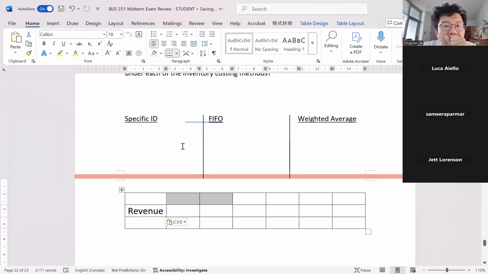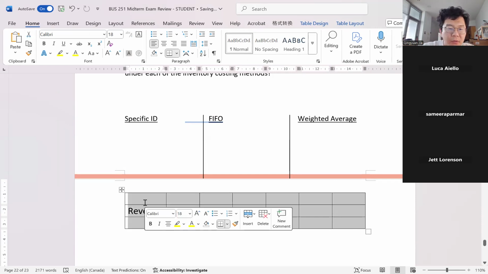I forgot how to merge the table. Well, anyway, let's just forget about this table.